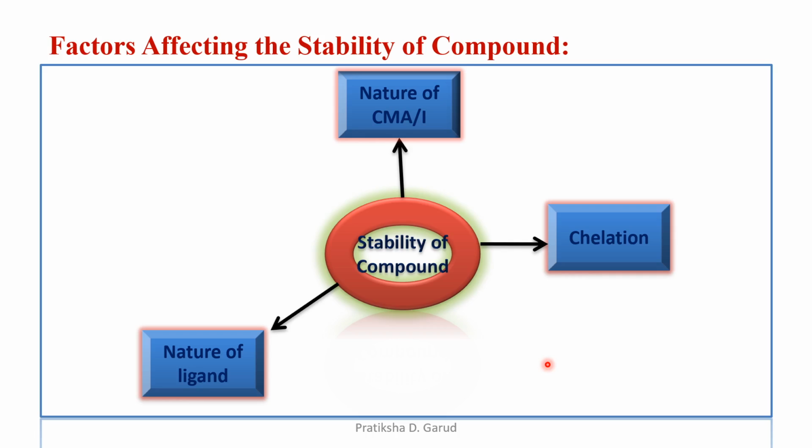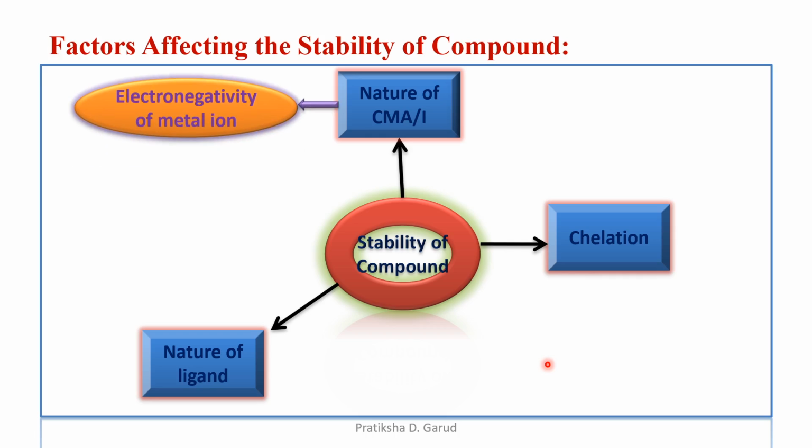Further, we can say that this first factor, that is the nature of central metal atom or the ion, depends upon again two factors. The first one is the electronegativity of the metal ion, and the second one is charge density. So these are the two factors which depend upon the nature of central metal atom or the ion. Further, the second factor, that is the nature of ligands, again depends upon two factors.